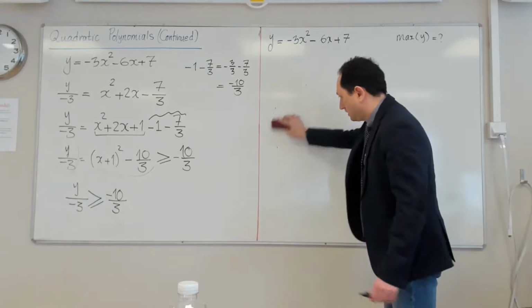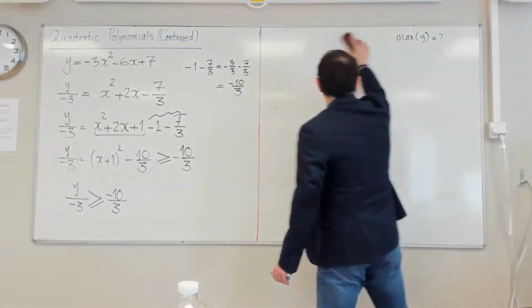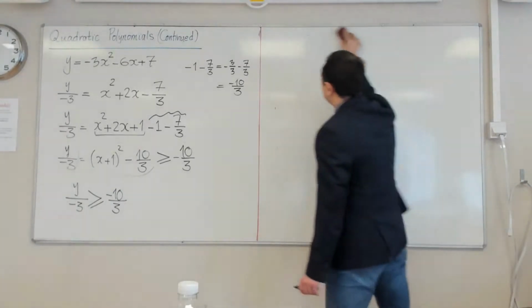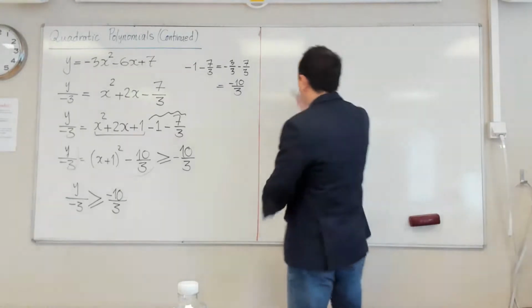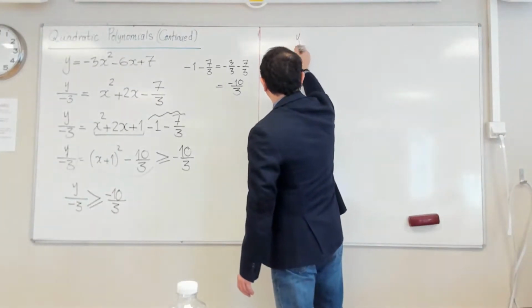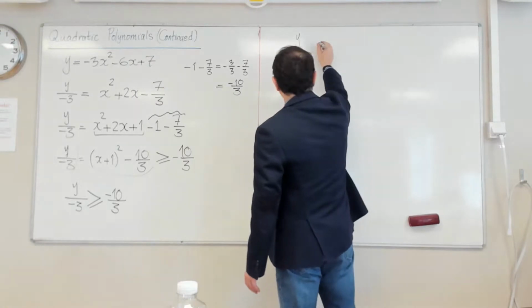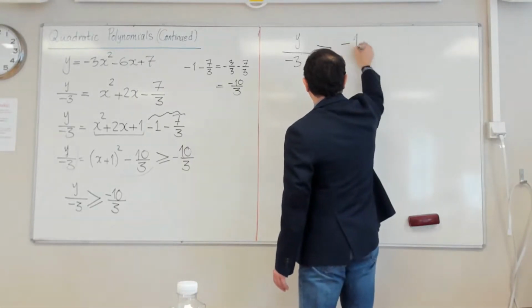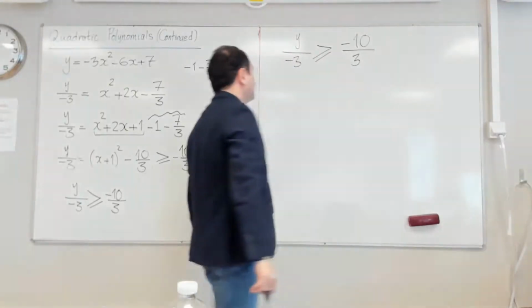Multiply by minus 3. Okay. Do you think I have to be careful about something? You are right. I have to multiply by minus 3. Think about the minus sign.